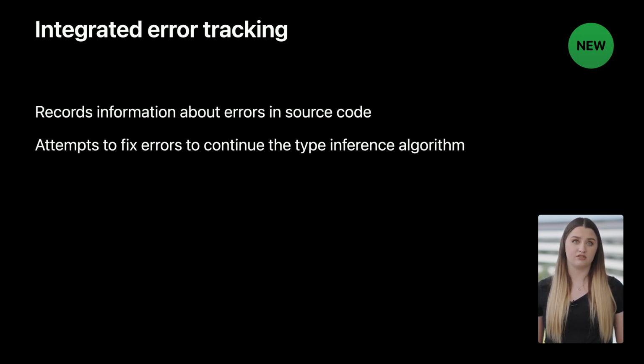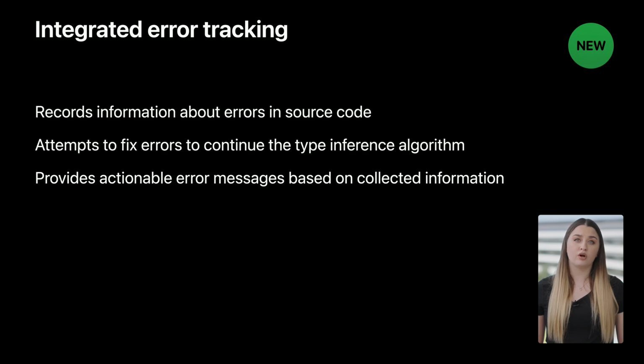Once type inference is done, the compiler will report all of the errors it collected, often with actionable fixits to automatically fix the error in the source code, or with notes about concrete types the compiler inferred that might have led to the error. Integrated error tracking was introduced for many error messages in Swift 5.2 in Xcode 11.4. And in Swift 5.3 and Xcode 12, the compiler uses this new strategy for all error messages in expressions.